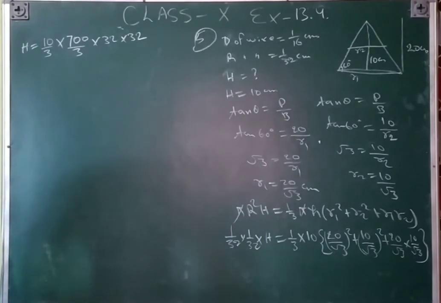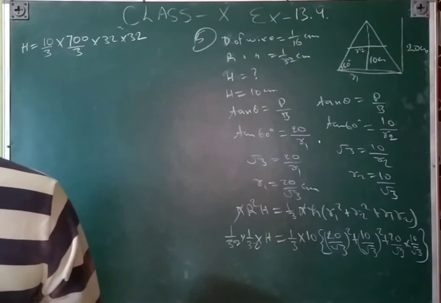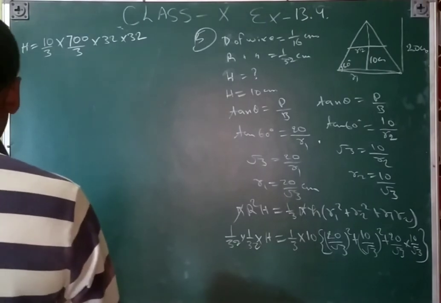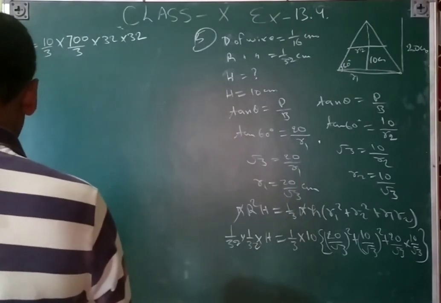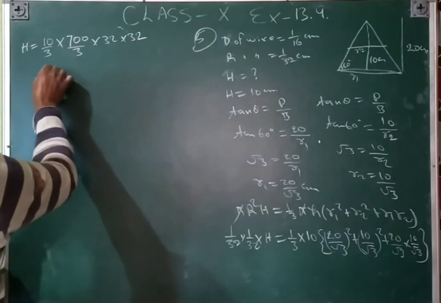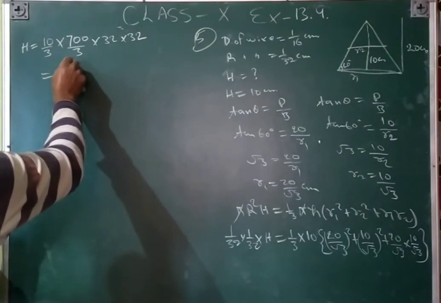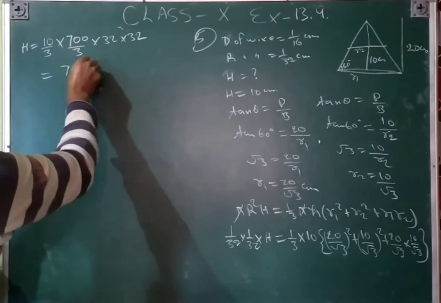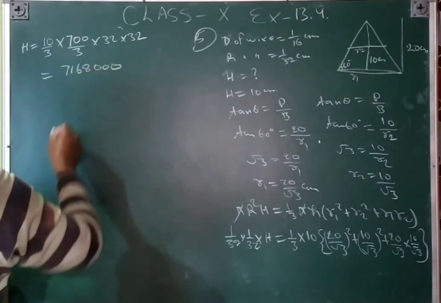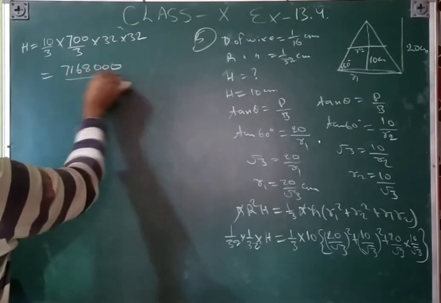Now you will see the multiply of all these things: 32 multiply 32 multiply 700, that will be 716800 and then upon 9.